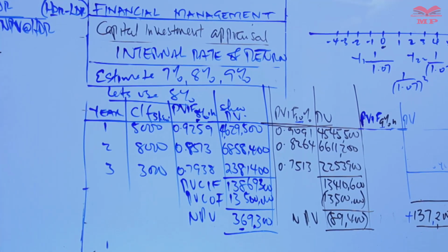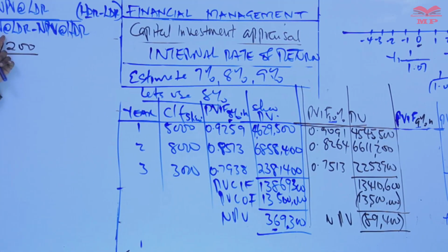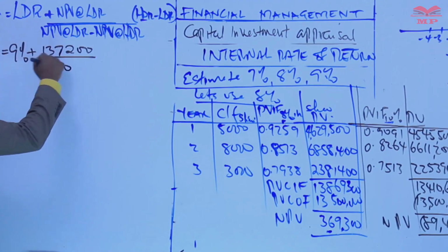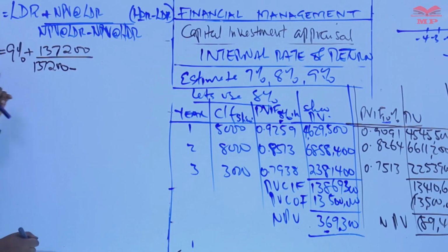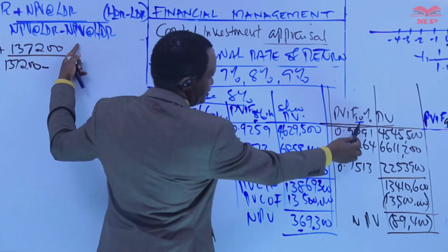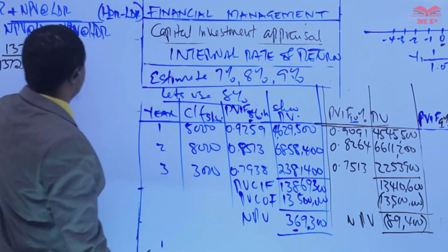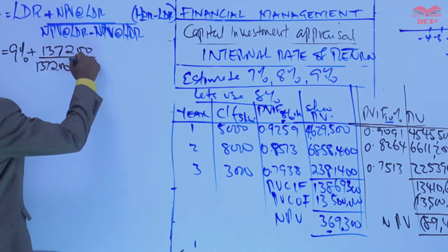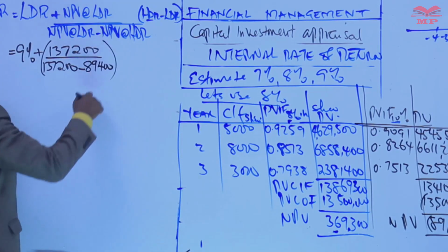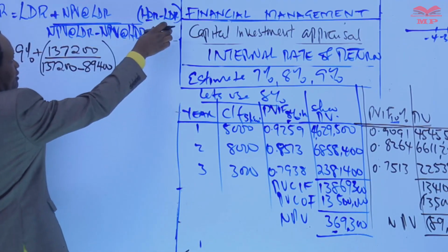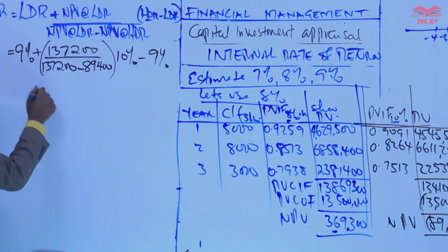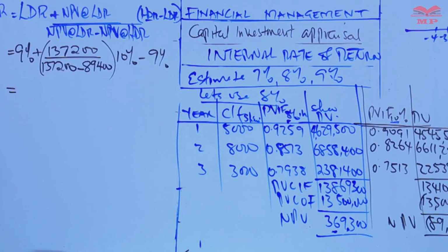This we divide by the NPV at lower discounting rate, which is still 137,200, minus NPV at higher discounting rate of 10%, 89,400. So this we will multiply with the difference, 10% minus 9%. That will be the internal rate of return.